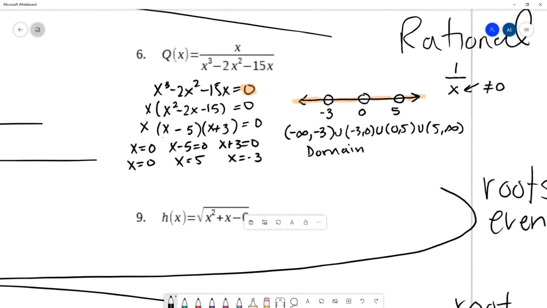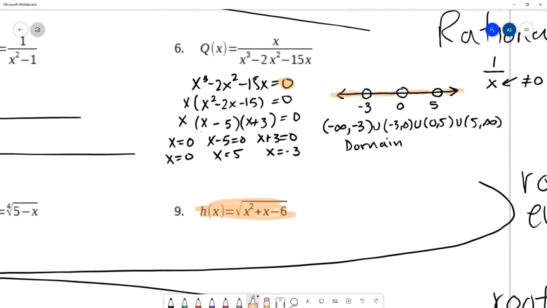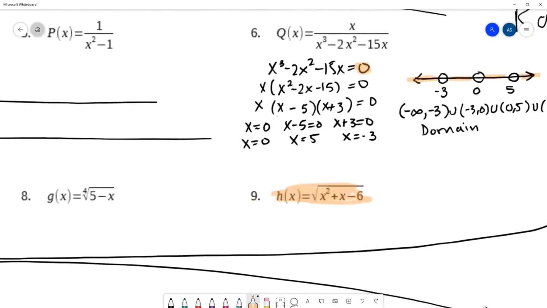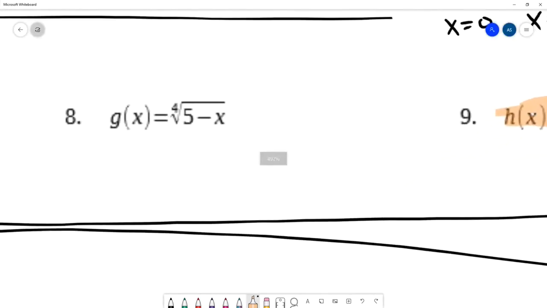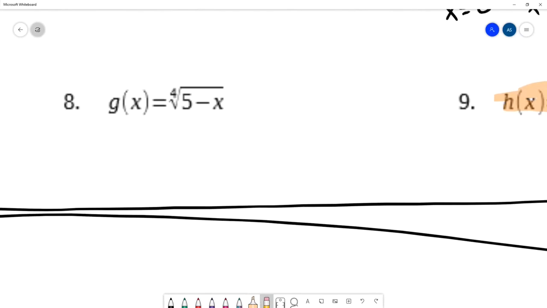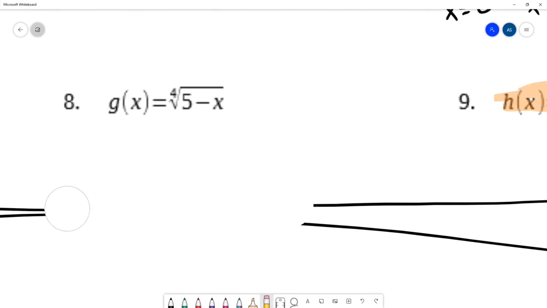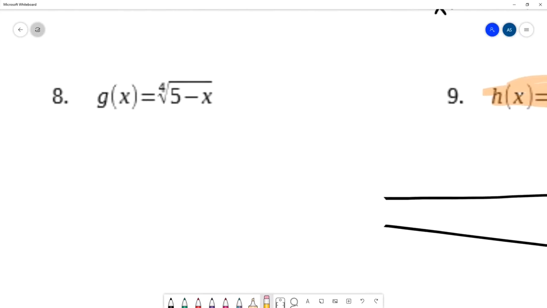So let's do an example of an even root. Even though this one looks more complicated, we don't do this one in our class. In my pre-calc class, we do problems like that. So let's do this one here. And this is a root function with an even index.